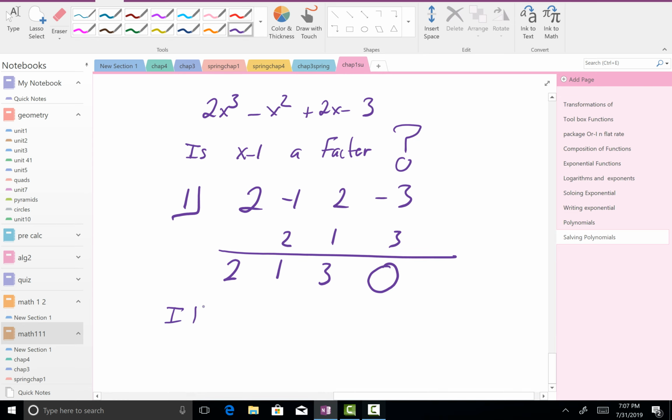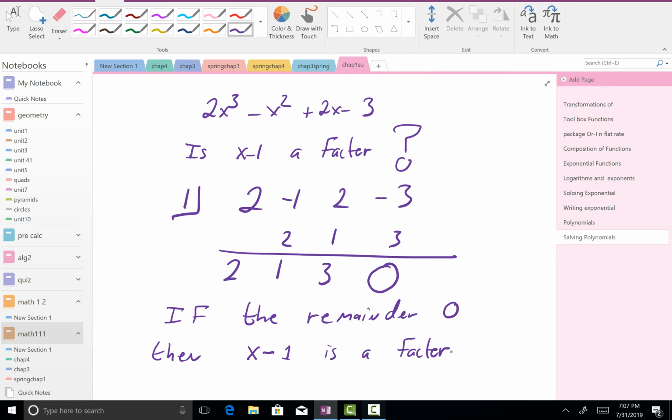So if the remainder is 0, then x minus whatever you're dividing by, in this case 1, is a factor. But also, 1 is an x-intercept. So you could also graph this, and if it crosses at 1, then you know that x minus 1 is a factor.